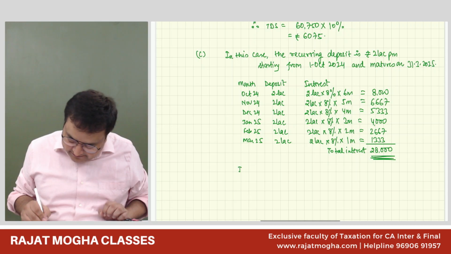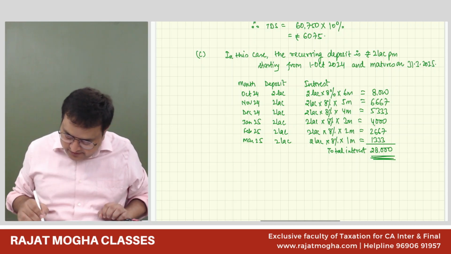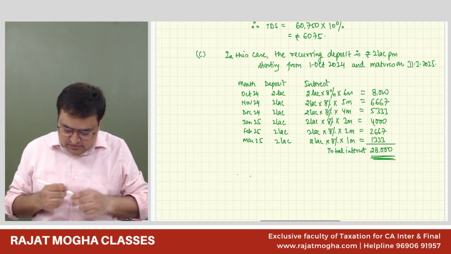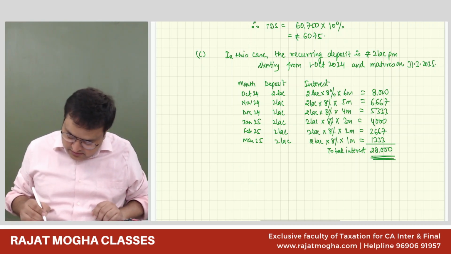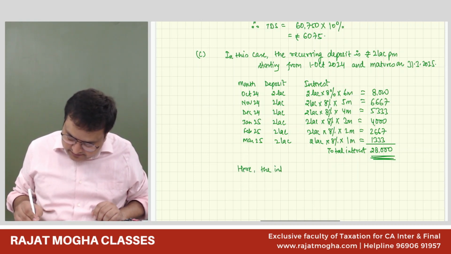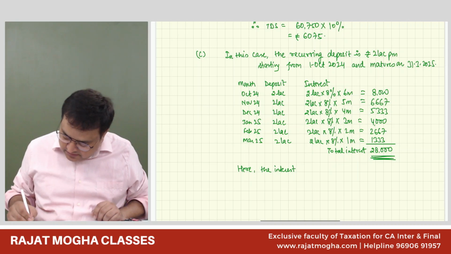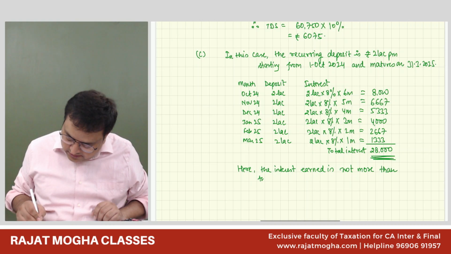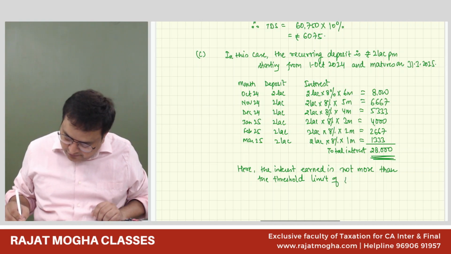In this case, you can write here: the interest earned is not more than the threshold limit of rupees 40,000.